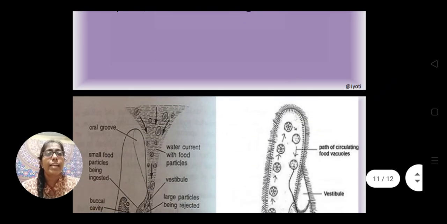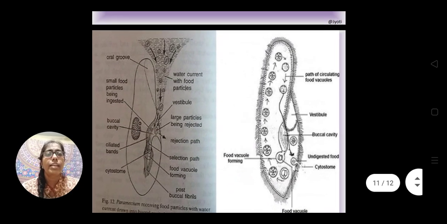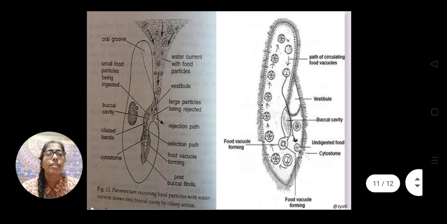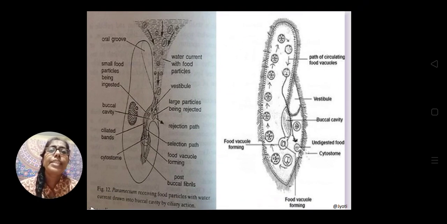In this diagram you can see, on the left side, a labelled diagram. You can see that so many food particles are there in the water in which they are living.